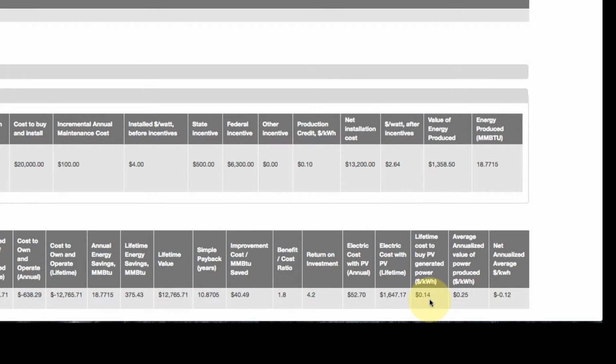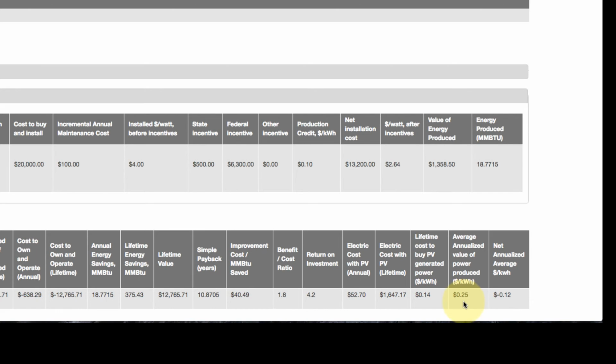Another way to think about this is to consider the average cost of a kilowatt hour supplied to you by your utility over the next 20 years. If the lifetime cost to buy a kilowatt hour of PV generated electricity is less than the cost of a kilowatt hour purchased from your electric company, then this system is a financial benefit to you. This figure does not include the value of any feed-in tariff that you may have entered.